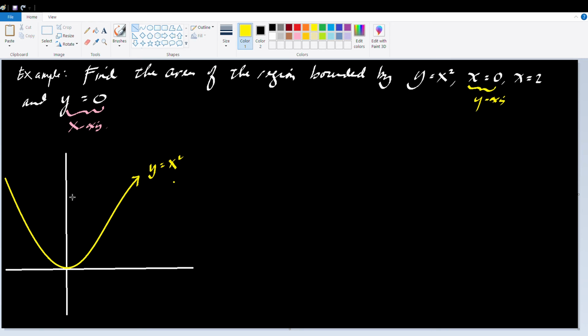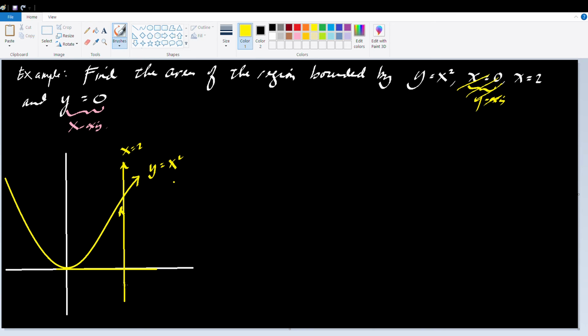We can disregard this one. x equal to 0, y equal to x squared, x equal to 2. So this is x equal to 2, and the x-axis there. You can include x equal to 0, but it has no bearing on the region R. So this is our region R.